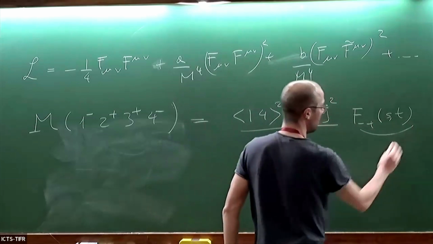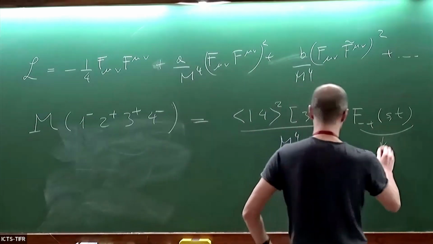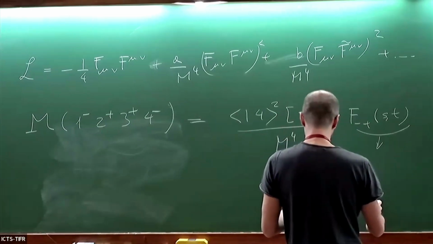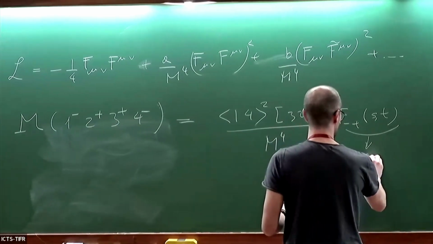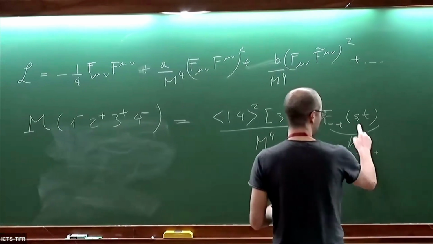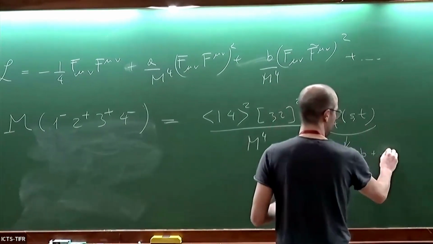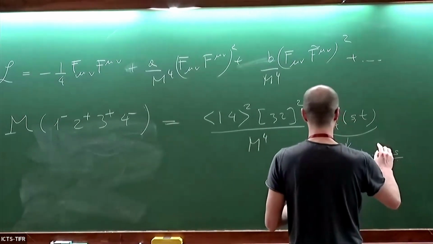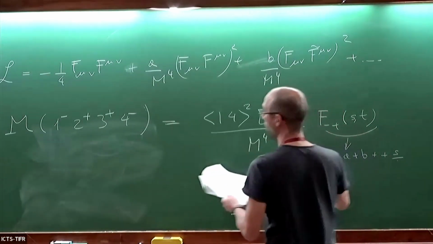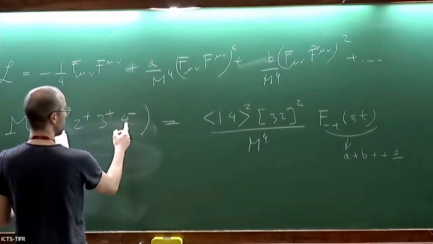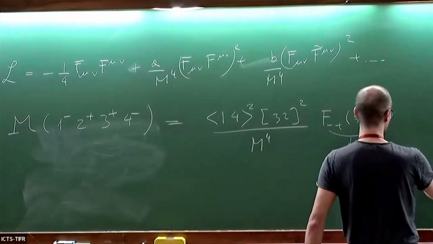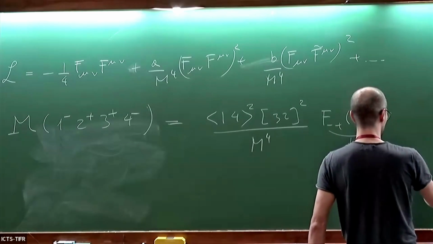This term here, if you do the calculation, starts with a plus b. And then there are functions of s and t next, which is also symmetric under the exchange of 1 and 4. So it's s-t symmetric. So this is going to be some u, probably, divided by m squared corrections.